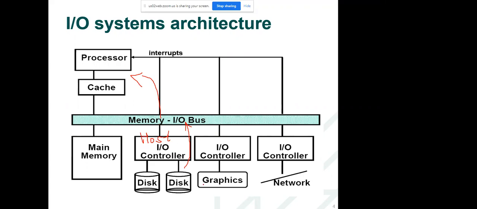Why are there 2 disks? You can use 2 or 3 disks now in your memory. This is a hard disk, this is an optical disk. And there can be 2 or 3 disks. You can put 2 hard drives.